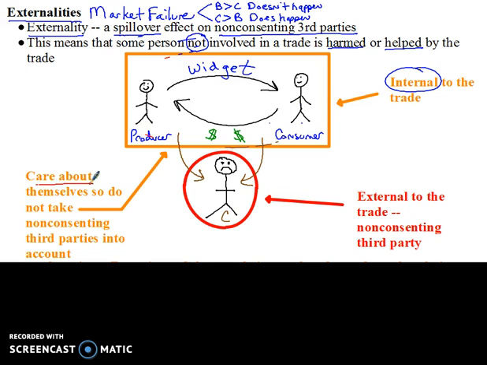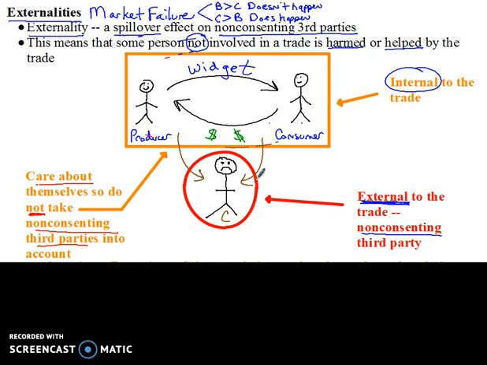Okay, they are rationally self-interested, and they do not consider the costs that they are imposing on the non-consenting third party. Okay, and I say that he's non-consenting because he did not agree to the trade. He wasn't even involved in it, and that just means he's external to it. That's why it's an externality. He is external. He is outside of the trade, and he's suffering as a result.